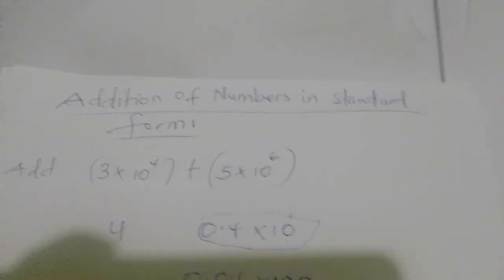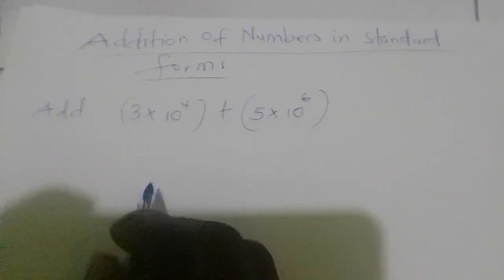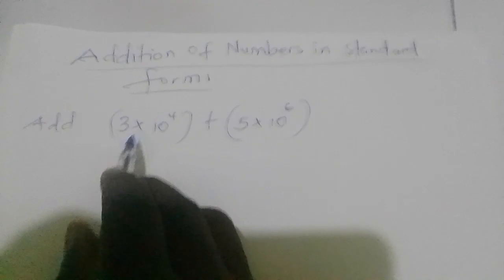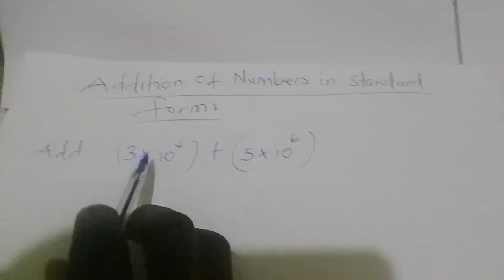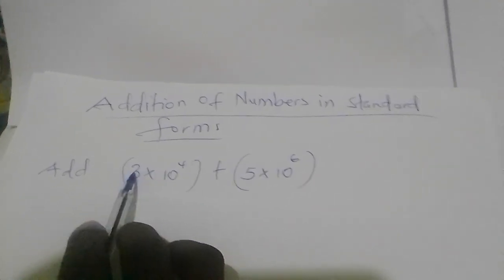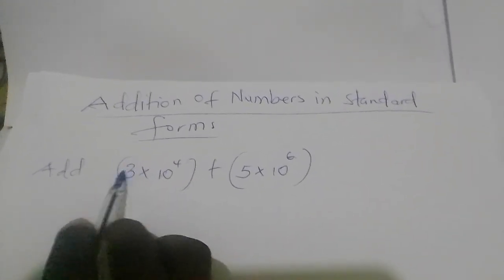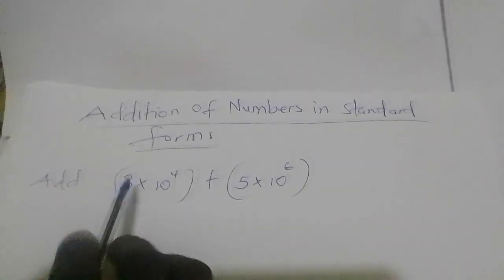Now, let's solve this one. Let's solve this one, okay? So, we have 3. So, let's increase the power of 10 here to 4. So, how do we do that? Remember, 10 to the power 4 is multiplying by 3. So we are going to manipulate 3, okay?